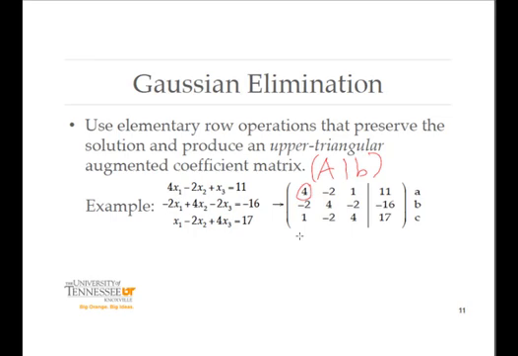The form of an elementary row operation will look something like this, where you would take any particular equation, say I, and it will be replaced by itself, equation I, minus some multiplier, sometimes we use the Greek letter lambda, times another equation, say J. So this is what's called the pivot equation.